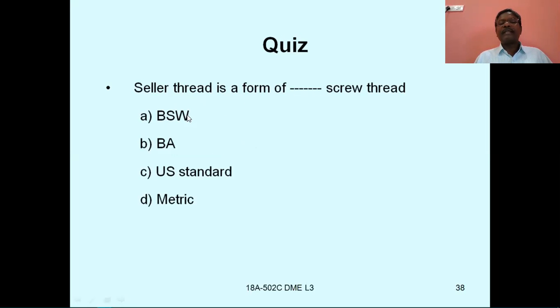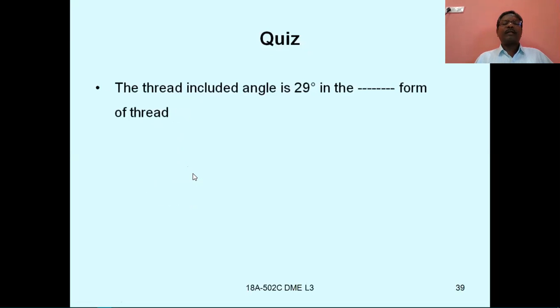British Standard Whitworth thread, British Association thread, American National Standard thread, that is the US standard thread, and metric thread, which is approved by BIS. So my answer is C, the US standard or American National Standard thread is the Sellers thread. Right? Next question.